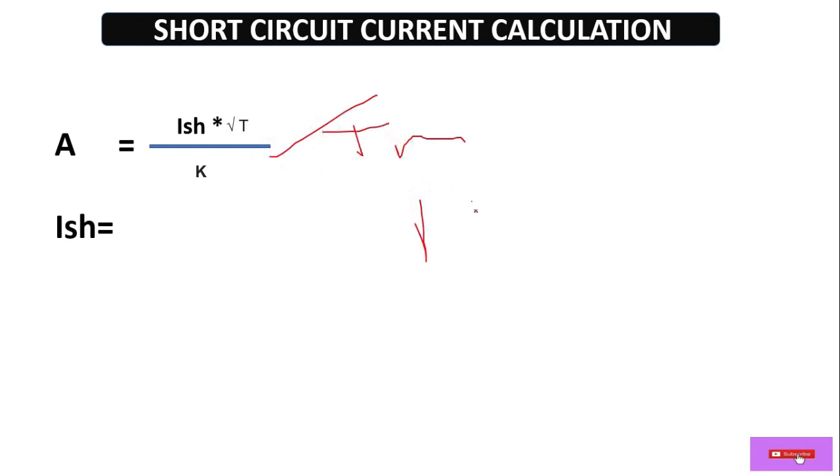And K is the constant of the cable, the K factor.